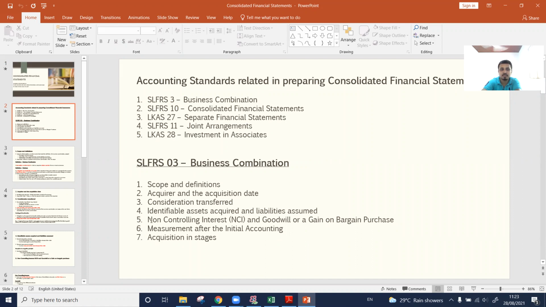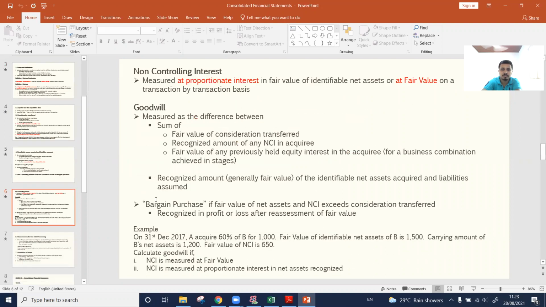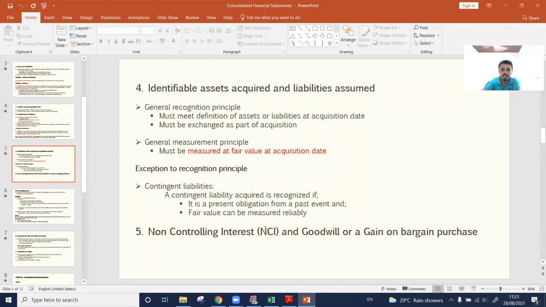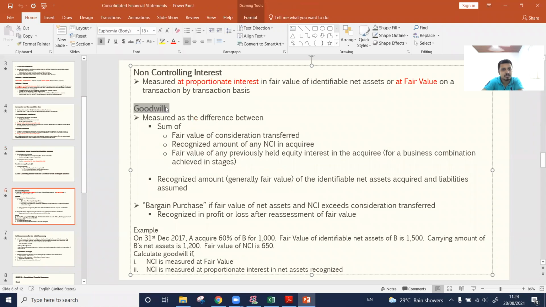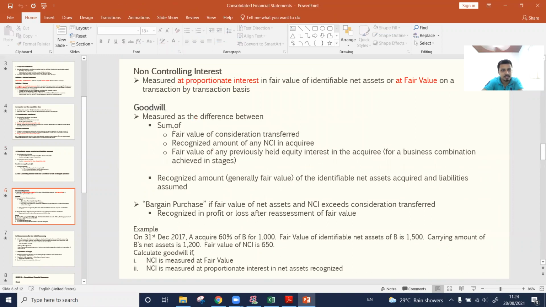See the fifth point, non-controlling interest and goodwill or a gain on bargain purchase. Goodwill is measured as the difference between what?